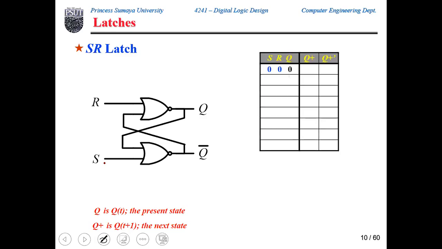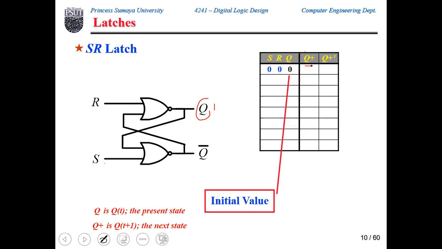So basically, this is what we have. We have here Q, which is the initial or the observed value, which is the stored value, and we will assume that initially its value is 0. Now, what will happen if I set S to 0 and R to 0? Basically, I'm asking you to find out what is the new value of Q, which I will call Q plus, or Q of t plus 1.